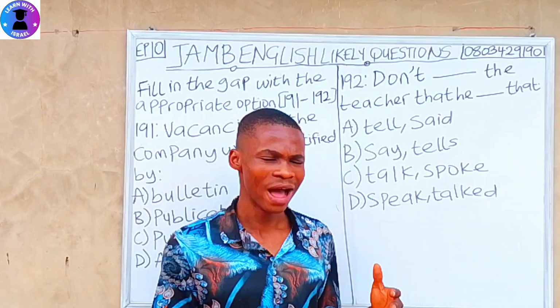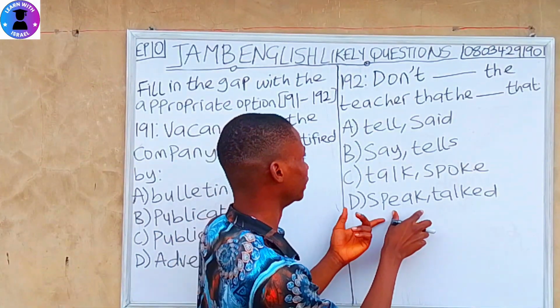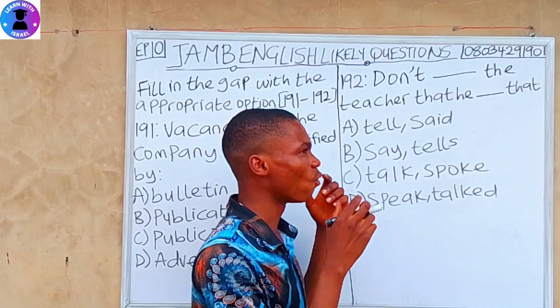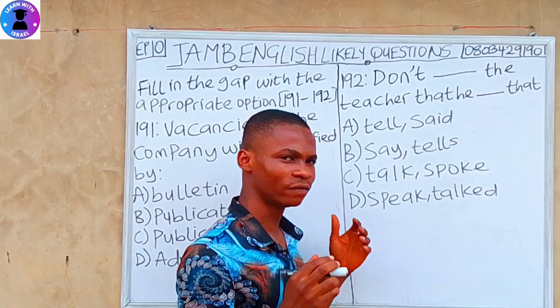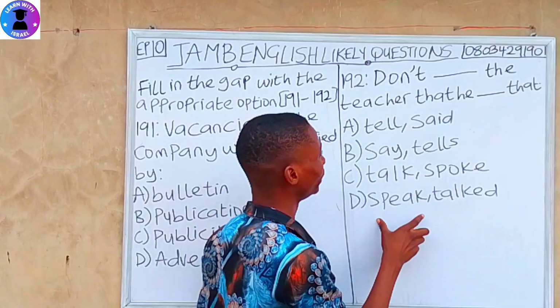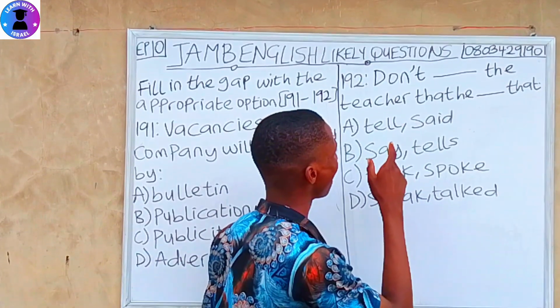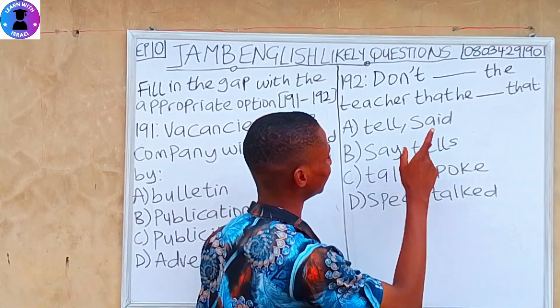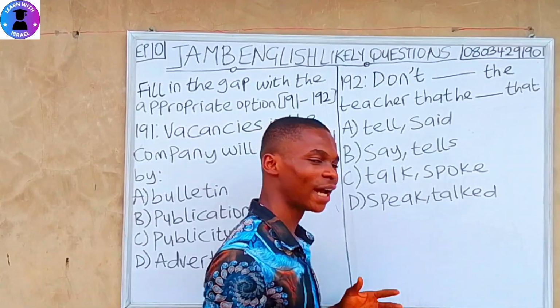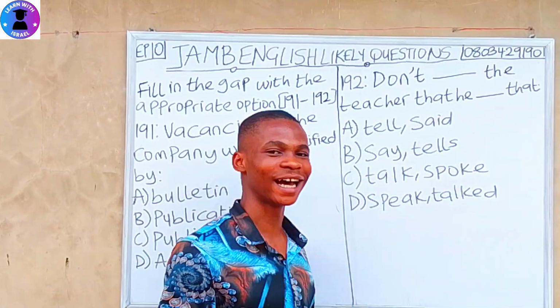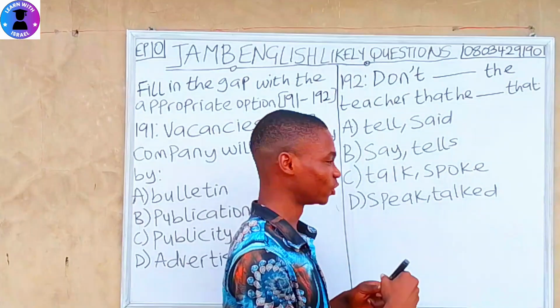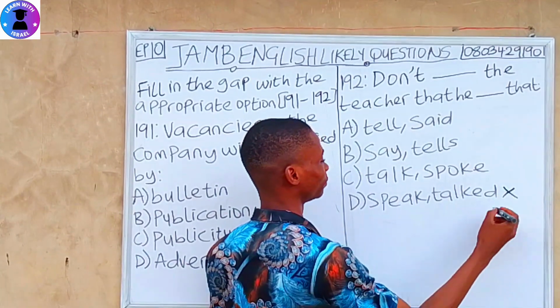So what do we do now? Let's start from option D and check how well it fits in. Don't speak the teacher that he talked that. Does that sound well? No. Is there anything like that? No. So option D is wrong.